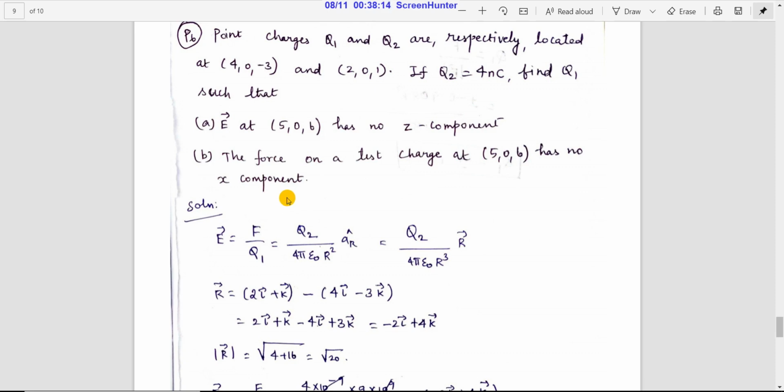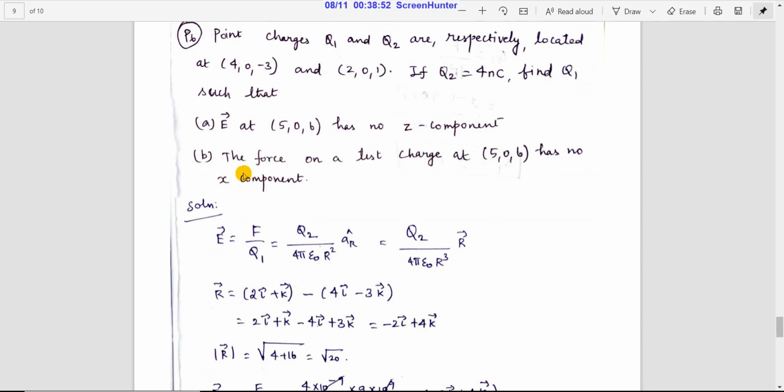So how to deal with this is, you have to first find out what is the value of the E vector at (5, 0, 6), and you have to make the Z-axis component of that E vector 0. Then you have to find out the magnitude of the E vector at that point, and you have to find out the force on the test charge. Test charge means you have to take any standard value of the test charge for this particular case.